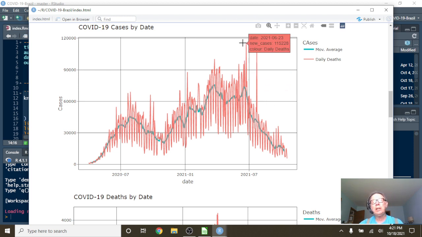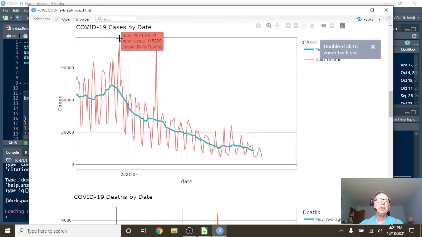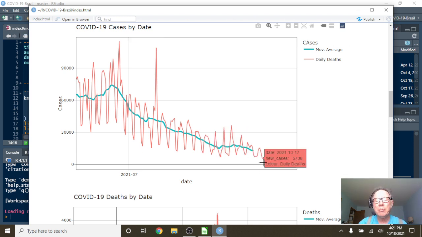What you can see here is your numbers peaked on June the 23rd at 115,228, but that number had fallen to 5,738 by October the 17th, and that's with a daily average of 12,908.